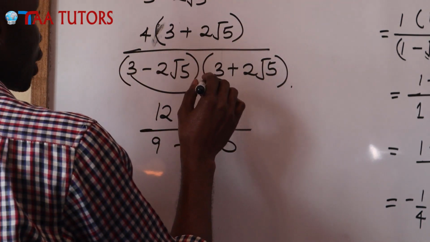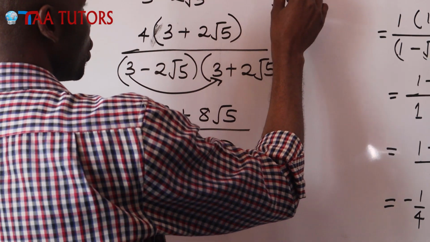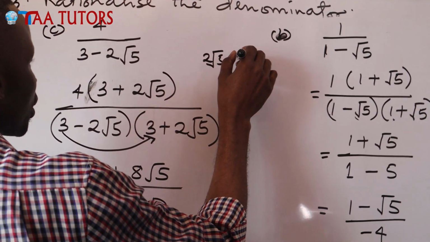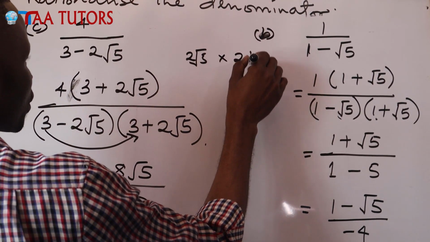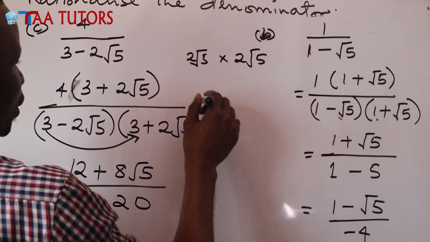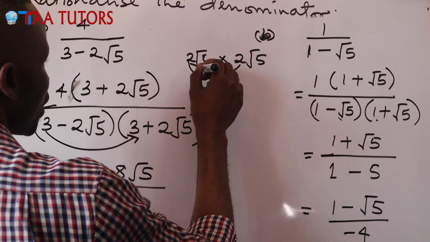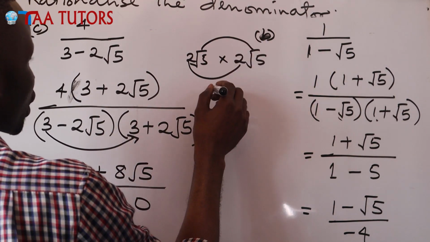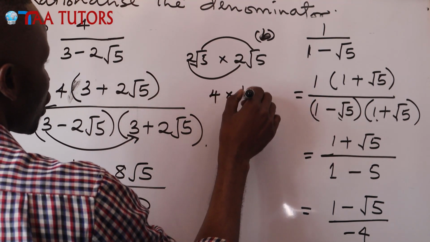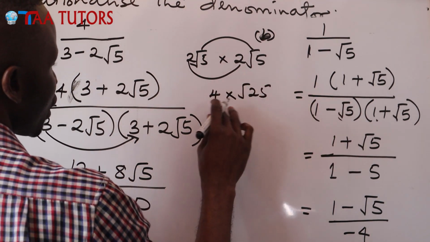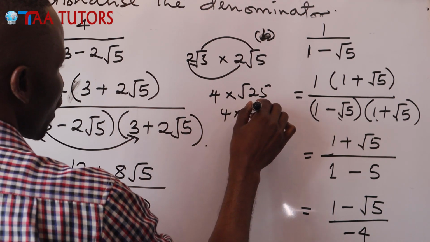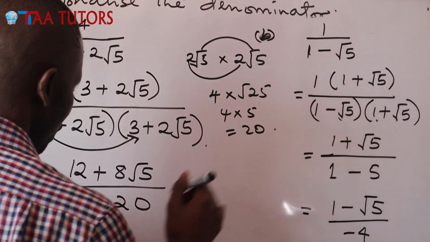Now, we are multiplying 2 surd 5 by 2 surd 5. You multiply that by that, and then this by this. So you'll get 4 times surd 25, and surd 25 is 5. So you're going to get 20 there.